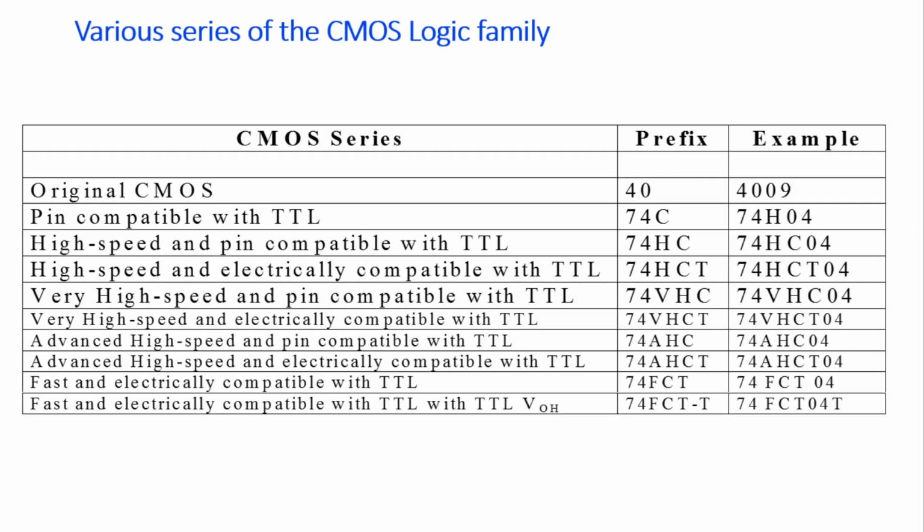These are the various series of CMOS logic families. As we have seen for the TTL logic family, similarly CMOS logic families are listed here. Original CMOS; pin compatible with TTL; high speed and pin compatible with TTL; high speed and electrically compatible with TTL; very high speed and pin compatible with TTL; very high speed and electrically compatible with TTL; advanced high speed and pin compatible with TTL; advanced high speed and electrically compatible with TTL; fast and electrically compatible with TTL.